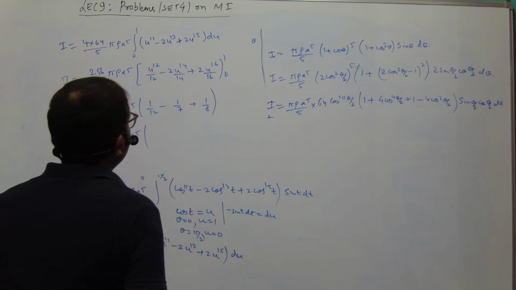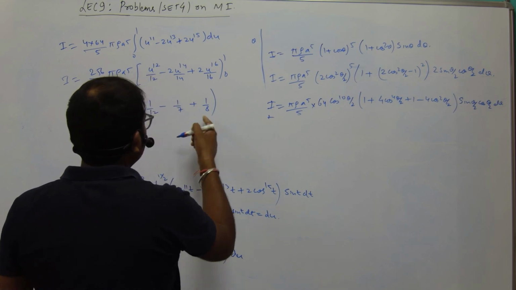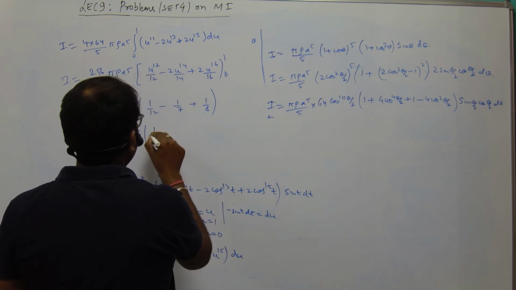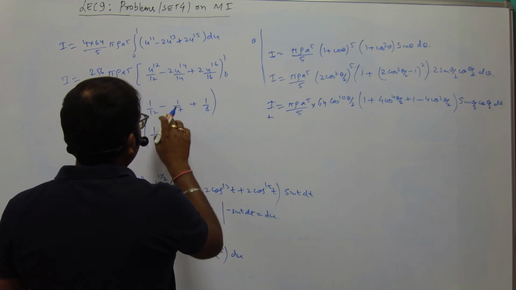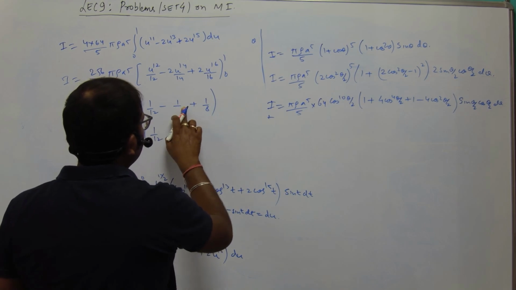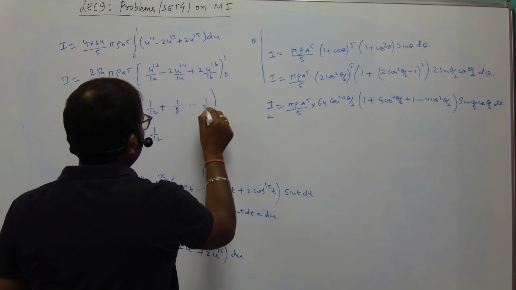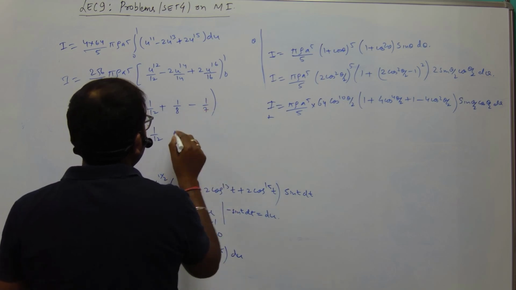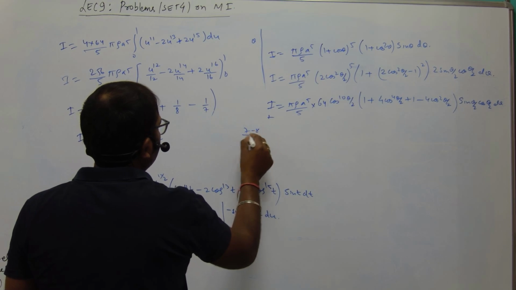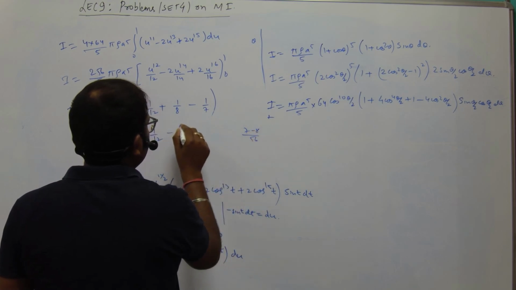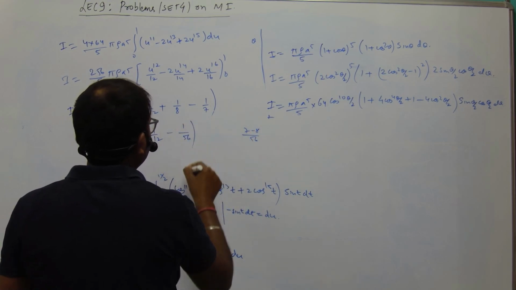This we can write as 1 upon 12, this we can write as 1 upon 8 minus 1 upon 7. So this we can write as 7 minus 8 upon 56, that is minus 1 upon 56.